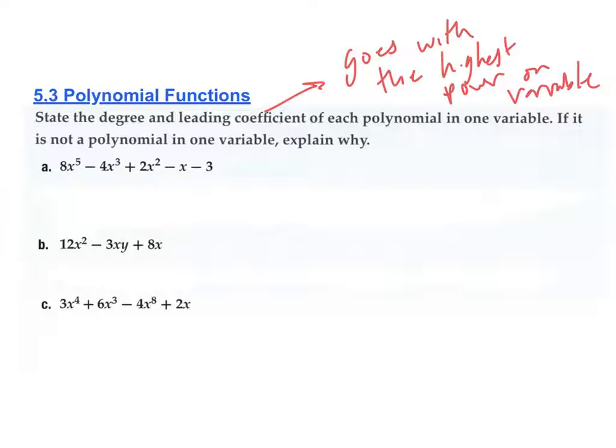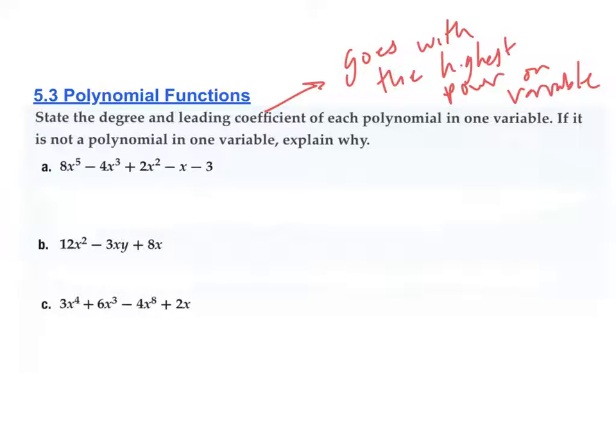Okay, so it doesn't always mean it's the first coefficient. You have to make sure that it's with the highest power on the variable. So for example, for A, this is in what we call descending order, where the powers go down 5, 3, 2, 1, nothing on the variable. So in this case, the highest power does come first.